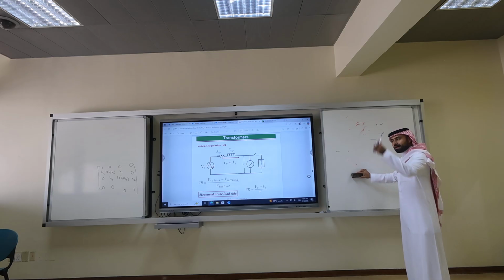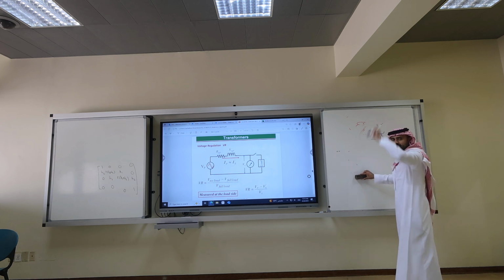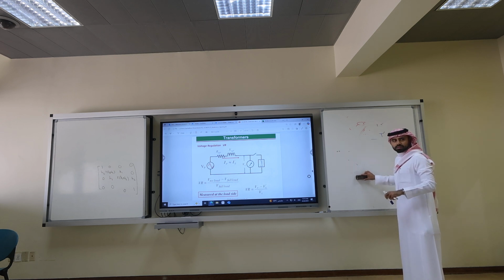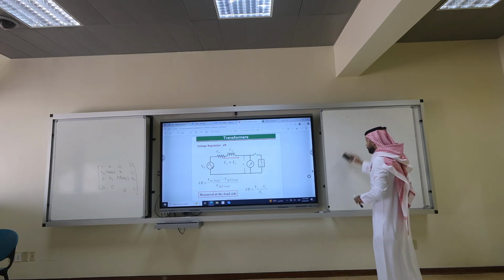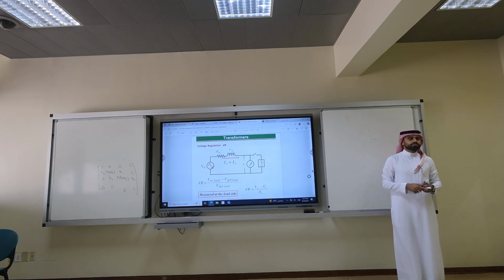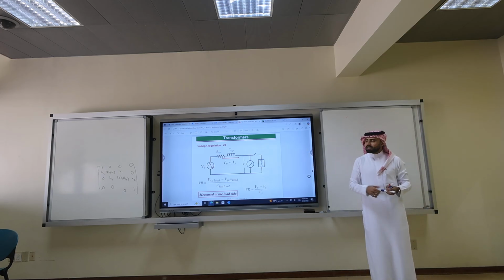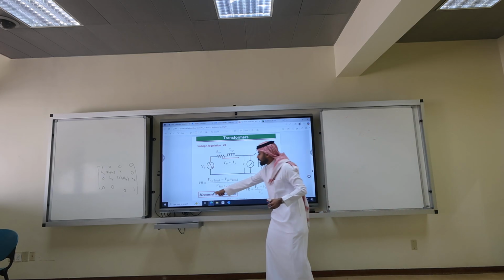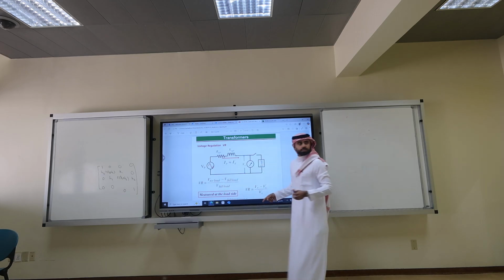They know that this customer connects to 220 volts. So they just give him 460, and whatever he deals with, let him deal with it. Because if I provide this customer 440, he will not get 220 because there will be voltage drop. So me as Saudi Electricity Company, I need to keep it at 460. That is why I say it's measured at the load, and it's V no load minus V full load over V full load.